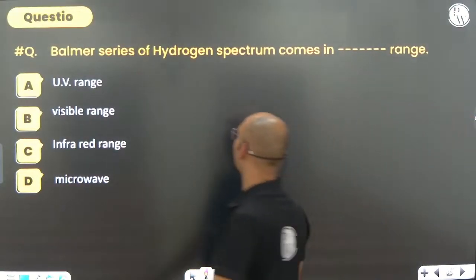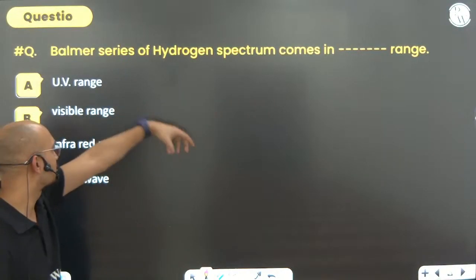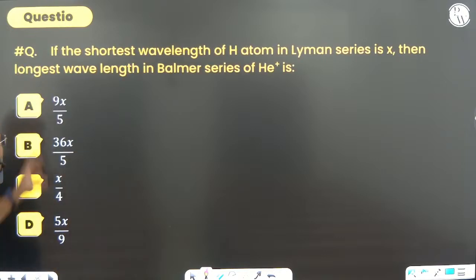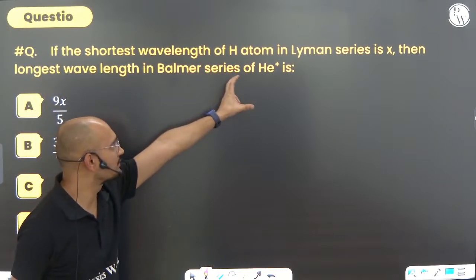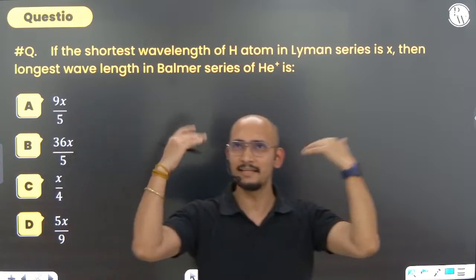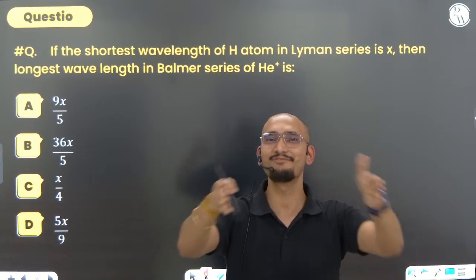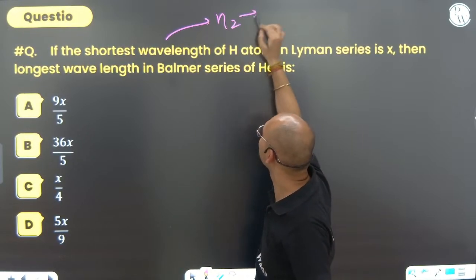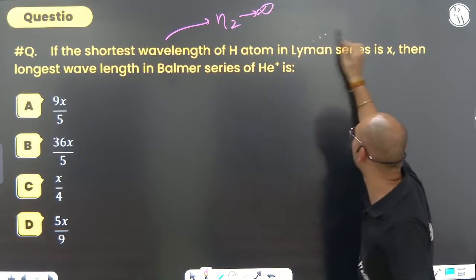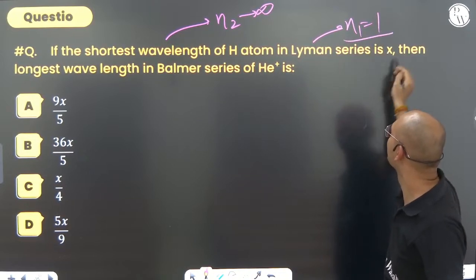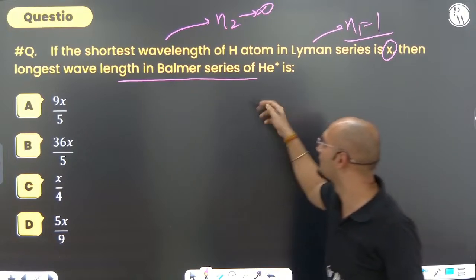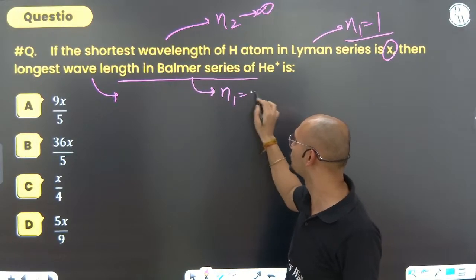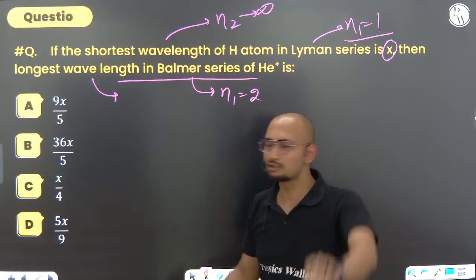Next, the Balmer series of the hydrogen spectrum comes in which range? I hope you all know that it is the visible range. Next, the shortest wavelength of the hydrogen atom means highest energy, highest frequency, which is for the limiting line, which means N2 tends to infinity, and it is of Lyman, so N1 equals 1, that is X. Then the longest wavelength is for the Balmer series, so N1 equals 2, and for the longest wavelength the energy should be minimum.